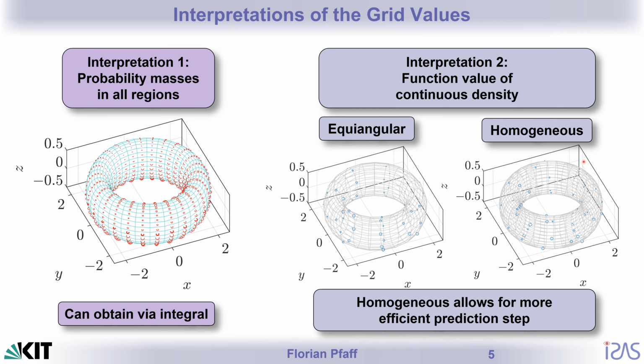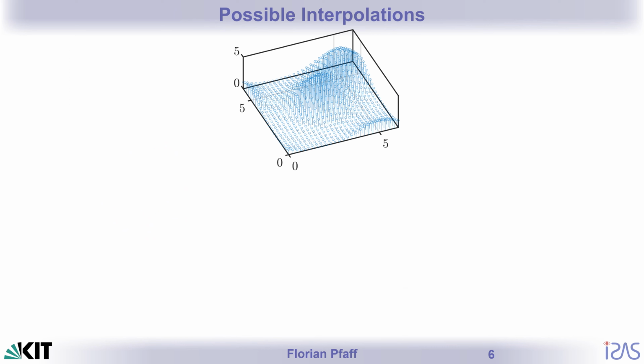But for our filter, we decide on this one. It does not cover it as well, but we obtain a very efficient prediction step for identity models with additive noise.